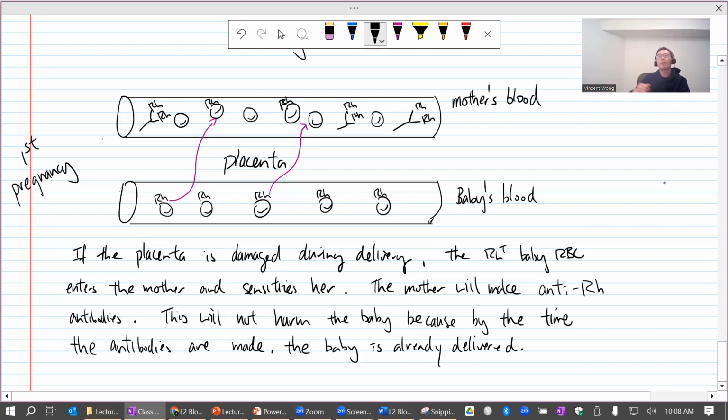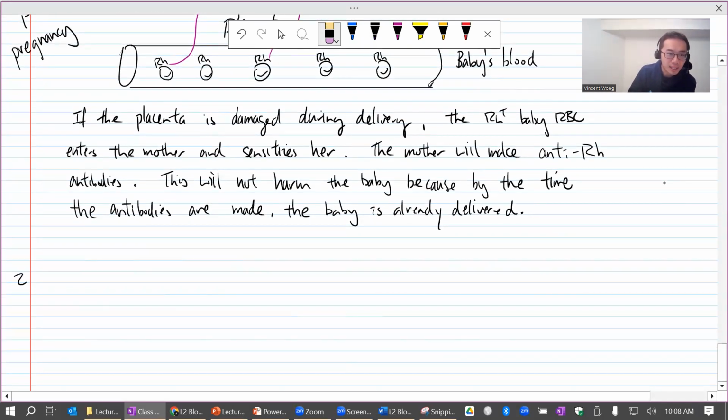So there's actually a 50% chance that my blood type would be A. Exactly, it's a 50% chance. Crazy, I feel a little bit left out. No, you're the special one. You're the one that stands out. Depends how you look at it, right? Okay, so let's take a look at the second pregnancy.